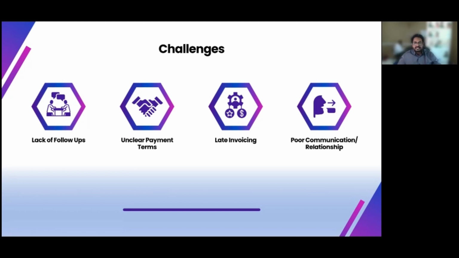And other indirect challenges are late invoicing, right? Sometimes what happens is, let's say you are dealing with the delivery of goods, you may not be able to issue an invoice till you complete the whole order. So if you're doing a partial order, you won't be able to invoice till you complete the order. So we need to make sure that proper invoicing is done or proper delivery is on time.